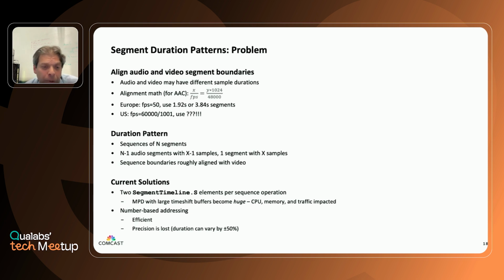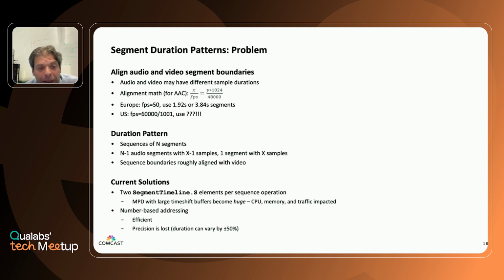So there are two syntactic solutions that we can do right now. The most precise, and the most onerous, is you use segment timeline with one XML element describing a sequence of segments. So we have one S element with n-1 segments with x-1 samples, and then another element will give you the longer segment.